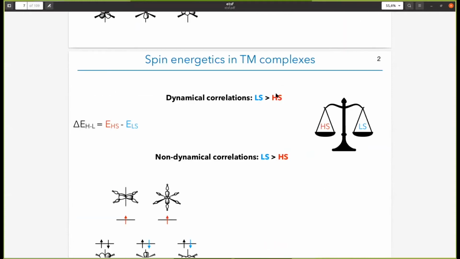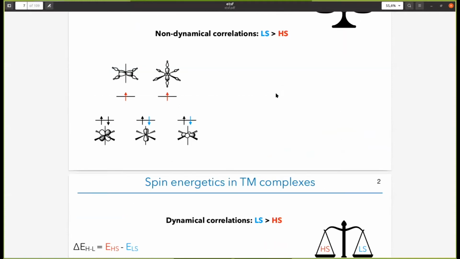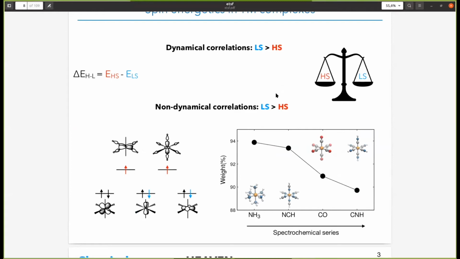We can say that dynamical correlation is linked with the instantaneous interaction of the motion of electrons in space. In this case, what I was saying is that in the low spin state, because electrons are packed in a smaller portion of space, they feel each other much more.